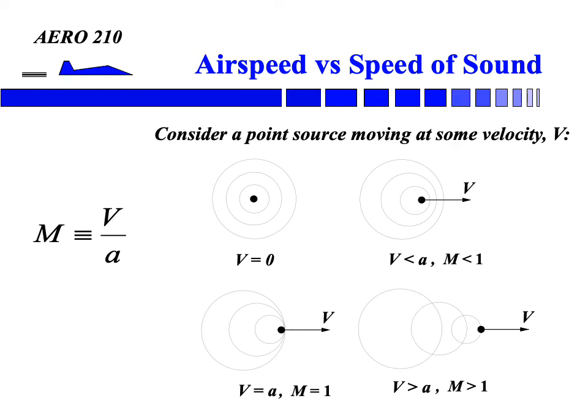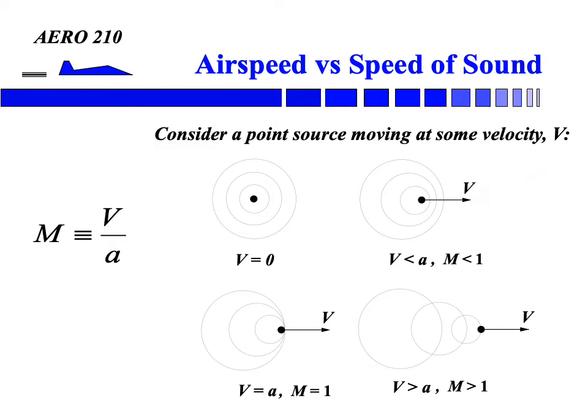Now we introduce our first dimensionless parameter. This parameter is called Mach number and is given the symbol M. Mach number is defined as the ratio of a flow velocity to the speed of sound in the air at the same point where the velocity is measured. If this velocity is a local velocity somewhere near a moving body, we call the Mach number based on that a local Mach number.